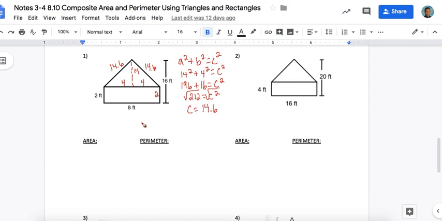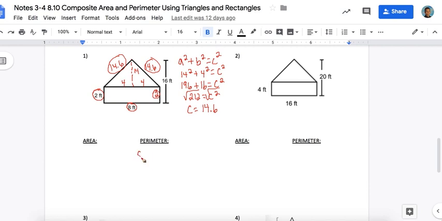I'm going to circle and count all the sides of the outside. Remember, perimeter is the outside, so I'm only going to count the outside. So 8, 2, 14.6, 14.6, and also 2. Notice I didn't count this because this is inside. That's the height.